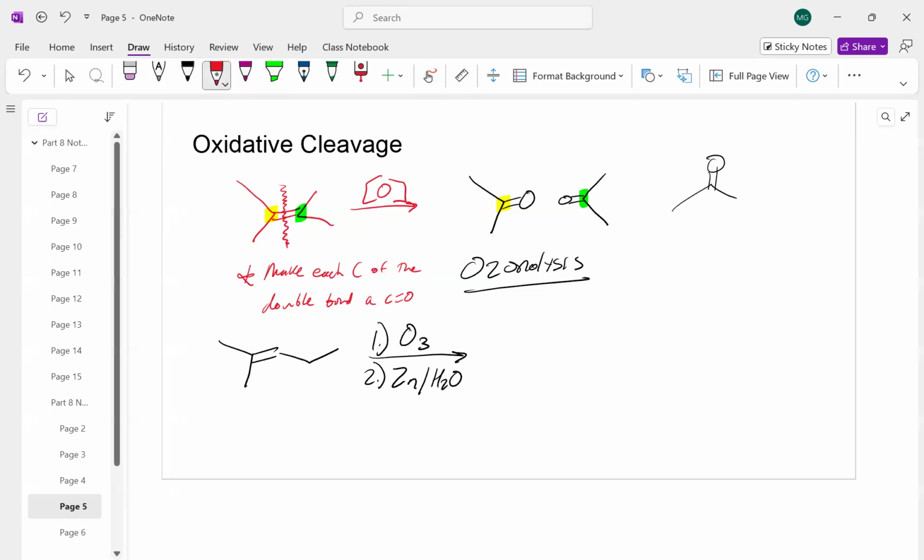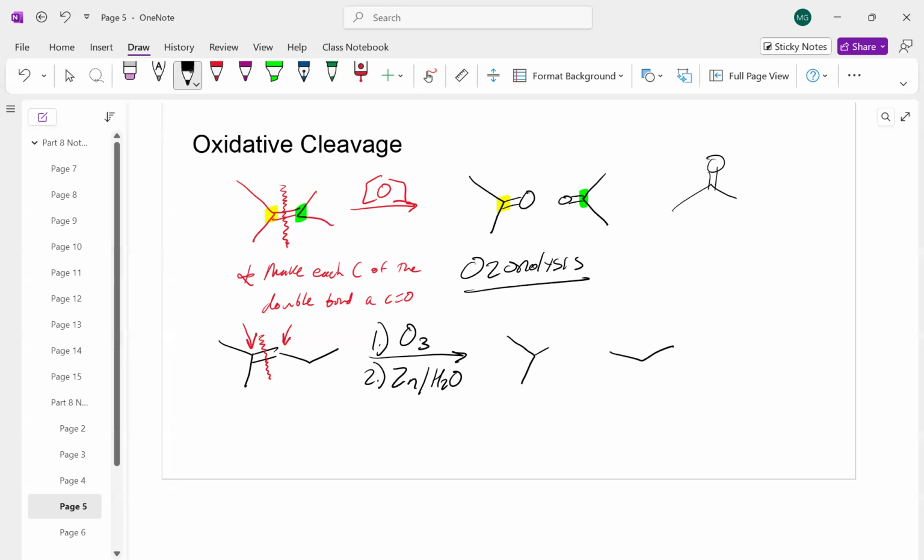But what we're going to do is split the double bond apart. I'm going to make this carbon right there a carbonyl, and I'm going to make this carbon a carbonyl. So I'm going to draw the two pieces just like how they appear in the reactant.